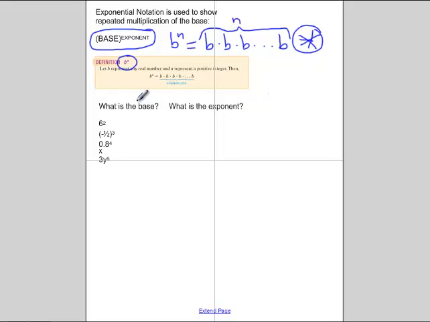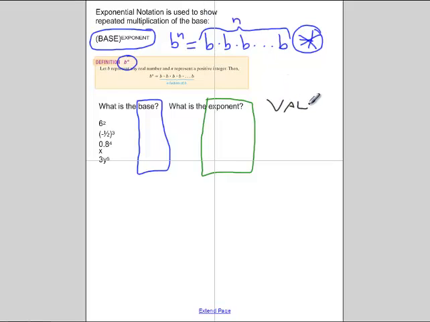So let's take a look at some examples of what the base is and what the exponent is. Let's just talk about what these are. I'm going to do one of these, and I'm going to ask another question as well: what's the value? Let's evaluate these as well. But the first thing we do is take a look at 6 squared.